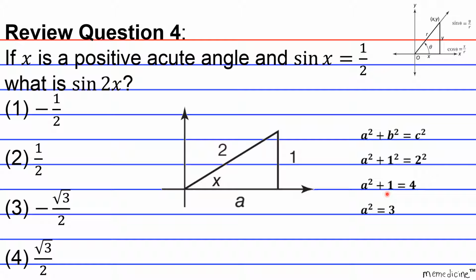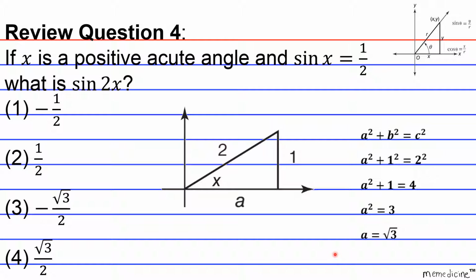Now we subtract 1 on the left-hand side and on the right-hand side as well. So we wind up with a squared is equivalent to 3. Now when we take the square root of both sides to isolate a, we get that the measurement of a is equivalent to radical 3.